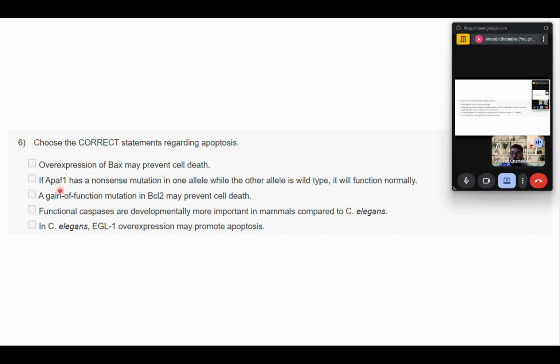If APAF1 has a nonsense mutation in one allele while the other allele is wild type, it will function normally. A gain of function mutation in BCL2 may prevent cell death. Functional caspases are developmentally more important in mammals compared to C. elegans. In C. elegans, Eagle1 overexpression may promote apoptosis. So choose whichever you think is the correct option. Again, this is a more than one correct type of question.